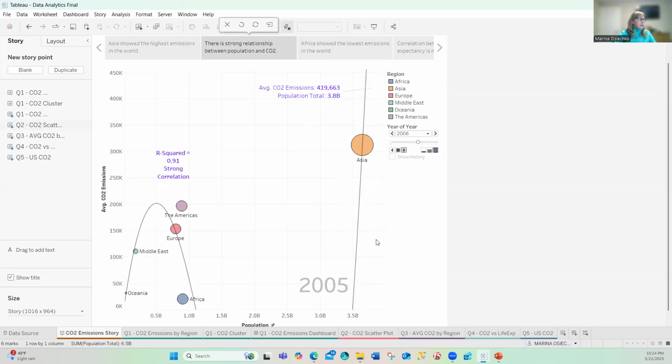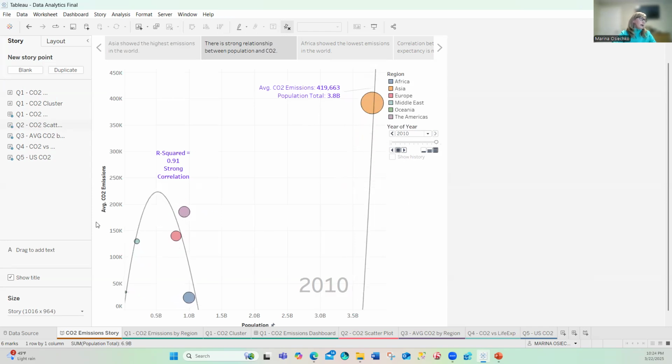And you see a correlation between average CO2 emissions and population. And the region that stands out the most is Asia, with a population of 3.8 billion and average CO2 emissions of 419,000. R squared is 0.91, which indicates a strong correlation.